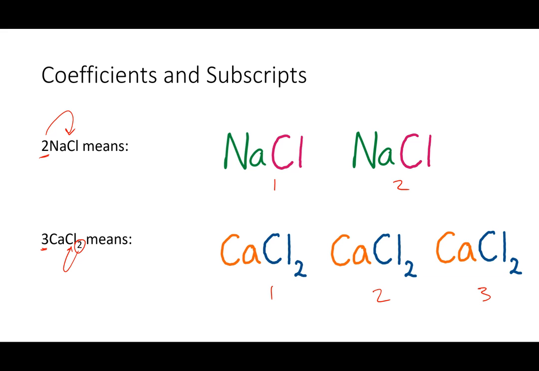In this case, it's chlorine. The 2 does not pertain to the calcium because it's not directly attached to it. All right, this is very important later on as we talk about polyatomic ions. So just remember this. Make sure that you understand this page.